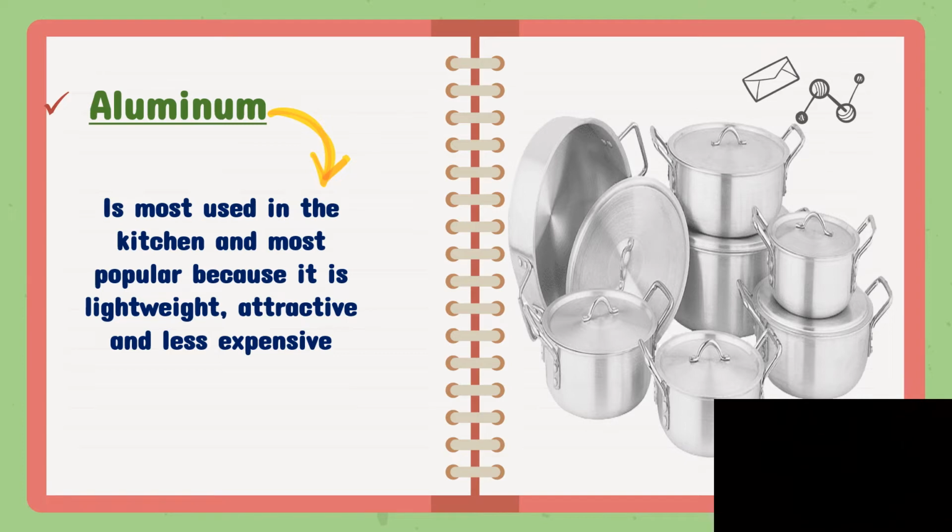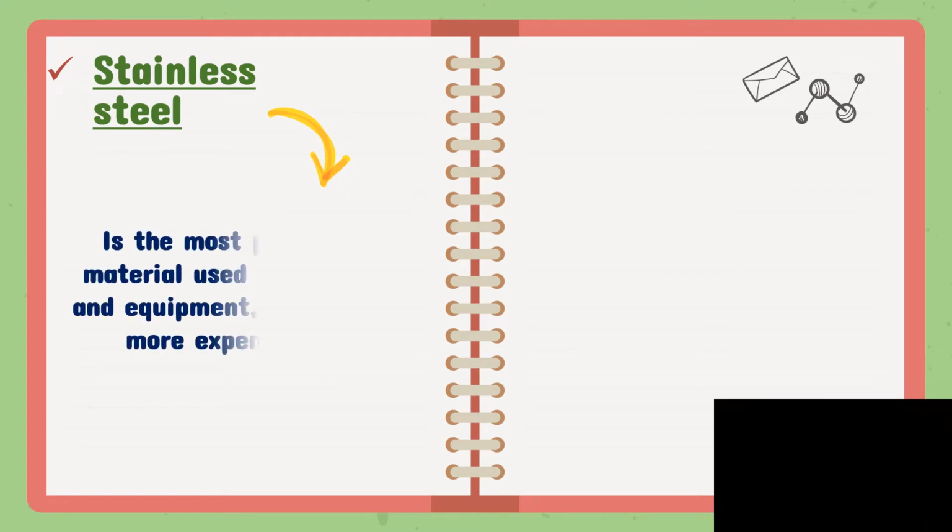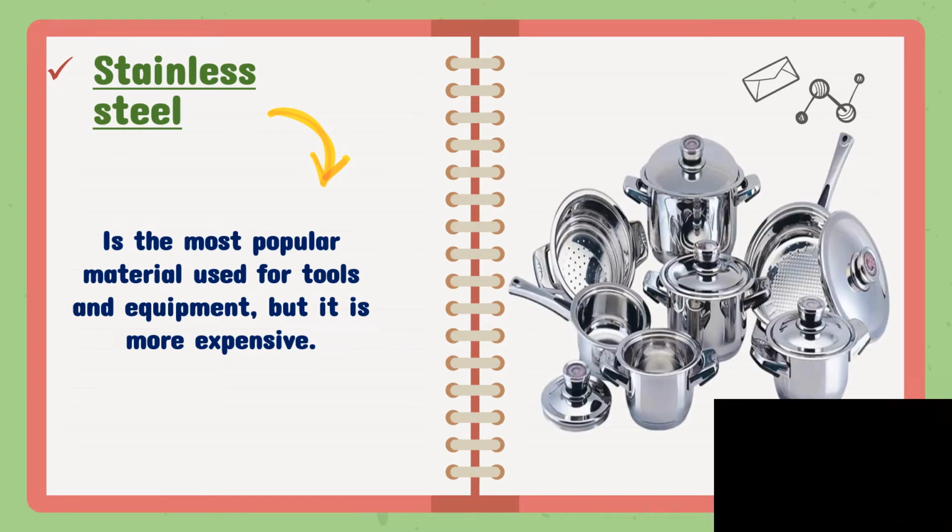Okay? Next, number 2 is the stainless steel. It is the most popular material used for tools and equipment, but it is more expensive. So, ito yung mga mabibigat o makikintab.